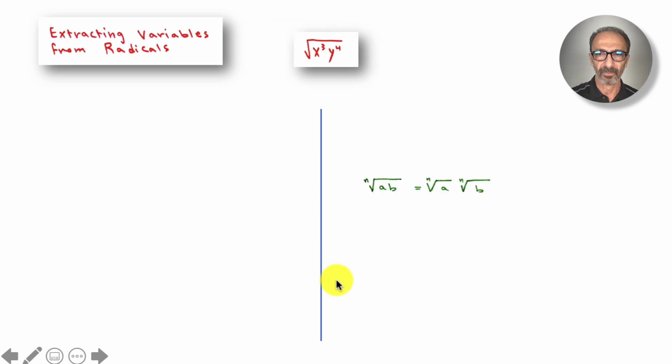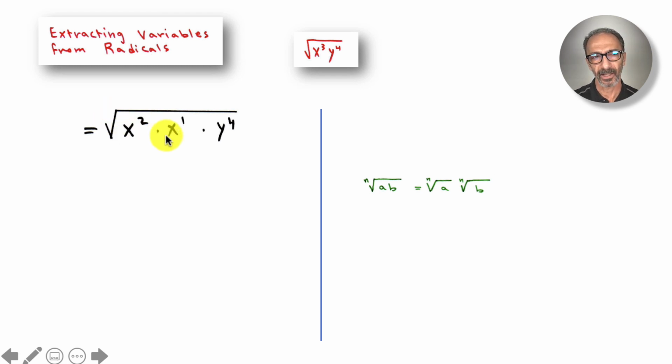Here's another example. One way to do this problem is think about x cubed, because we're under square root, as 3 pieces. 2 of them will be handled by the square root, and x by itself will be by itself. Cannot be extracted.